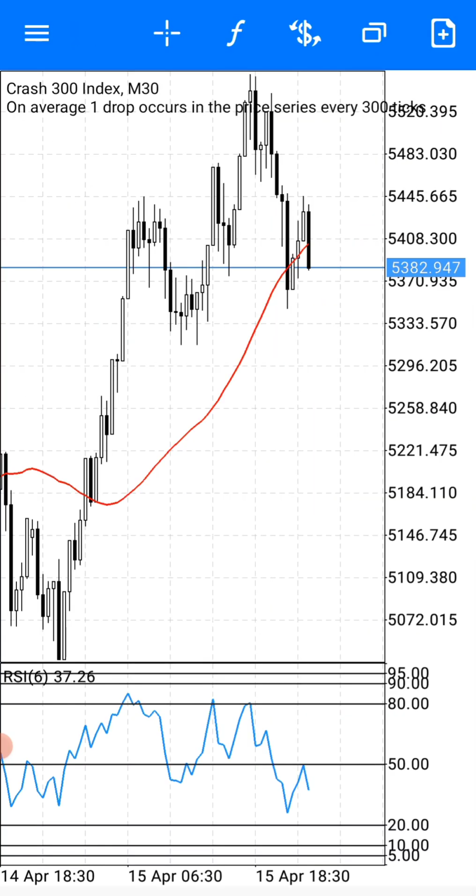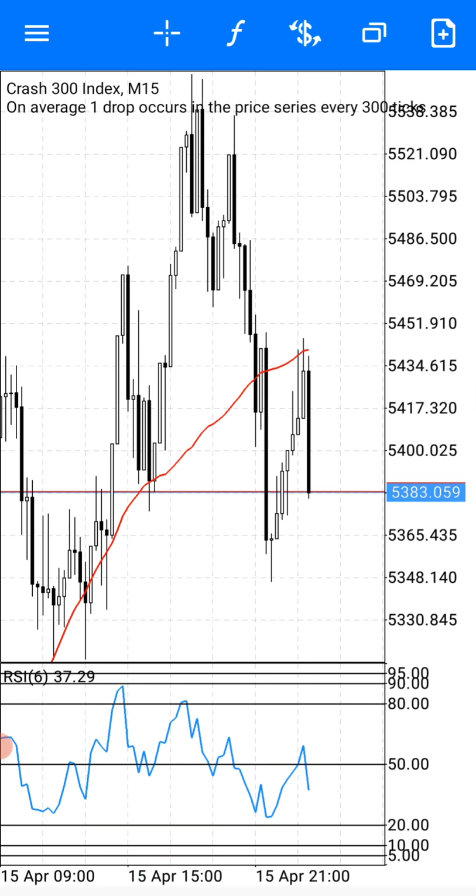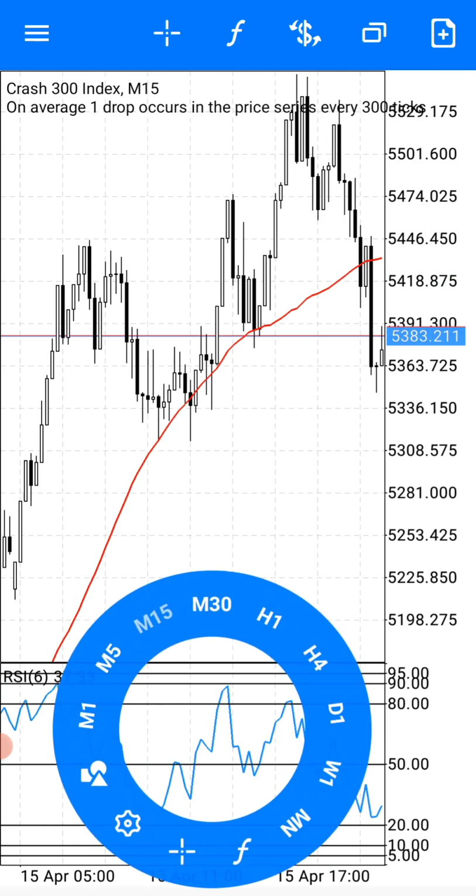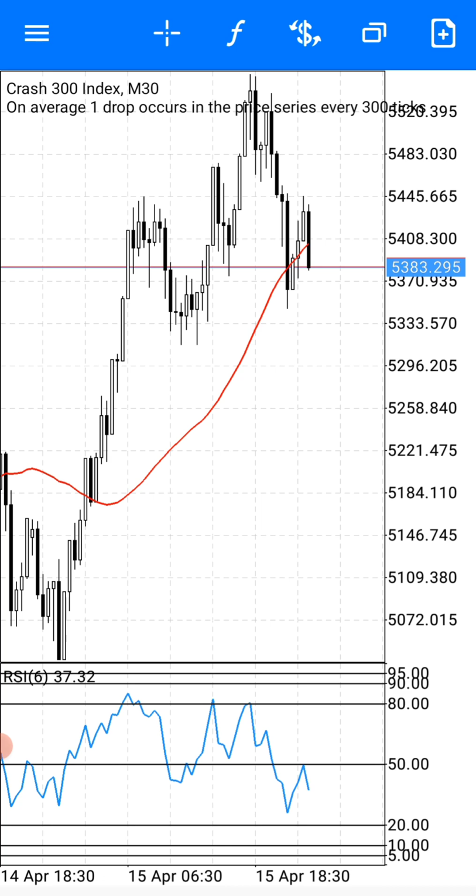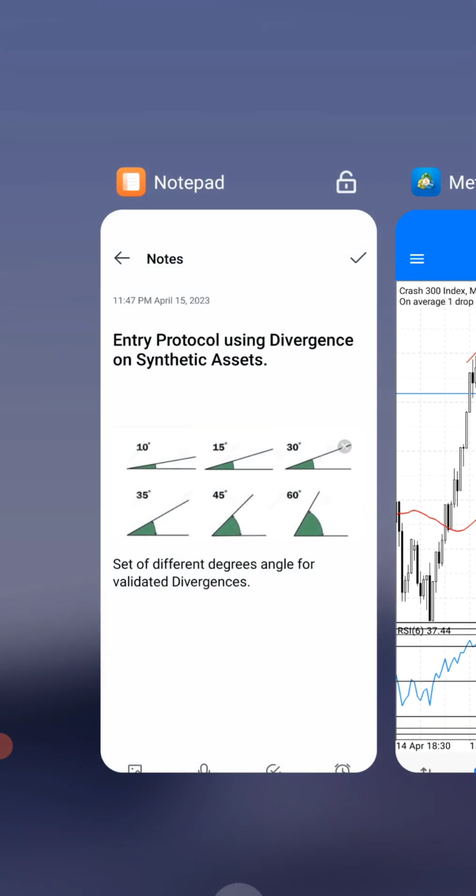Okay, very good. Let's come to M15. Okay, let's work with M30. Now, if you see what is happening here, this is another divergence situation. Okay, you see it? So what will you call this angle? Let's look at it.